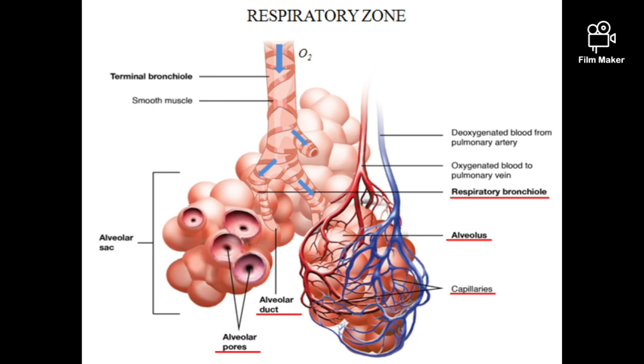We can see beautiful clusters of alveoli forming sacs that resemble bunches of grapes, and we can see individual alveoli and a cross section of the alveoli showing the alveolar pores that help in interconnection between the individual alveoli. We can see a very dense network of capillary bed surrounding individual alveoli.